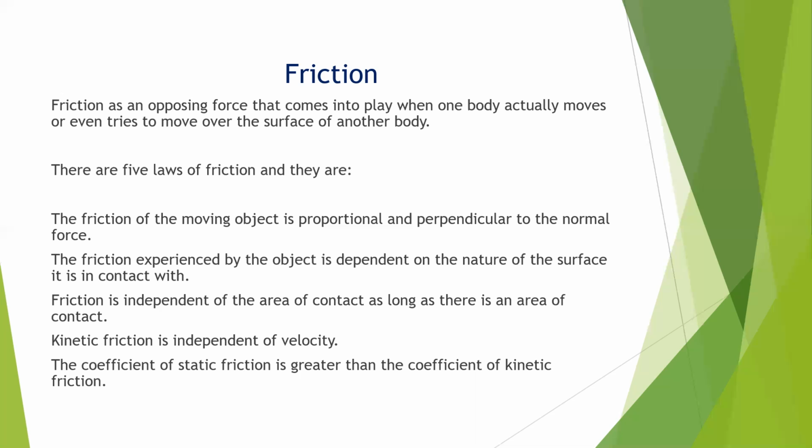Also we covered when a body is in a lift. Four different conditions we discussed: when it is moving downward, when it is moving upward, when it is moving with a constant velocity, or if it is freely falling. We discussed the expression for the force acting on the body, right?